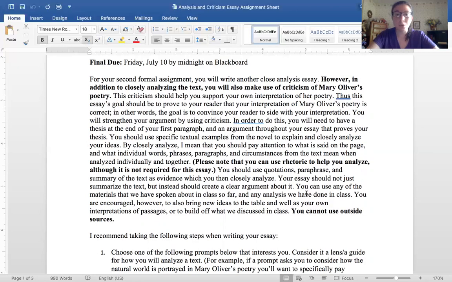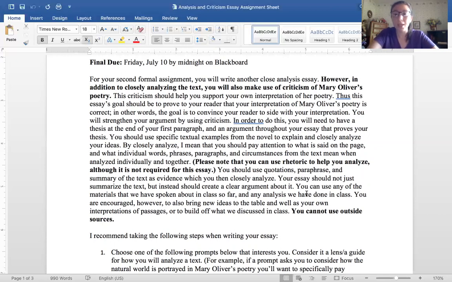Thus, this essay's goal should be to prove to your reader that your interpretation of Mary Oliver's poetry is correct. In other words, the goal is to convince your reader to side with your interpretation, just like you did in your previous essay too. You will strengthen your argument by using criticism. That's where criticism can be useful, and we'll talk more about that.